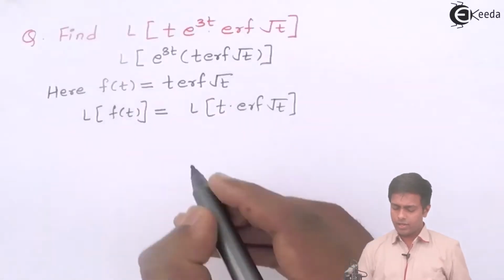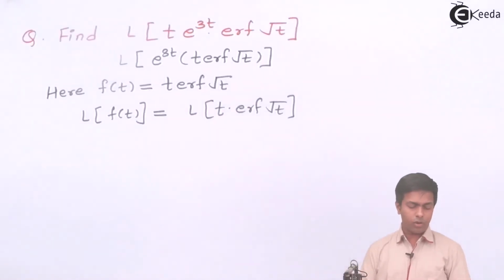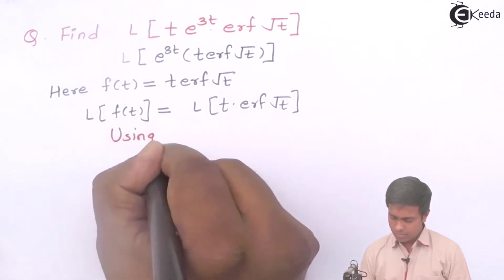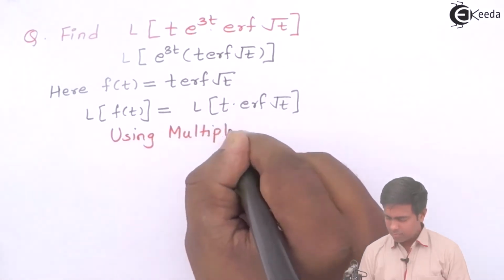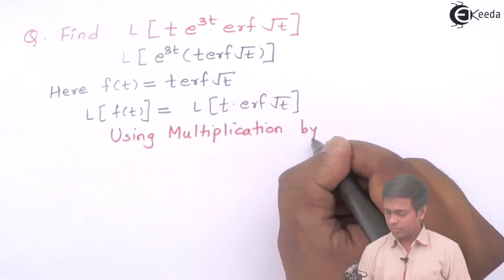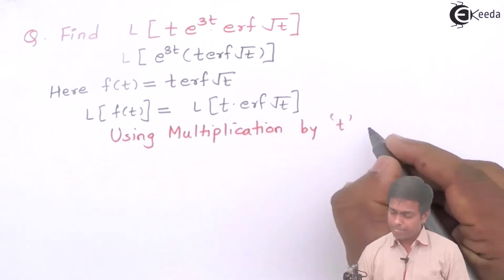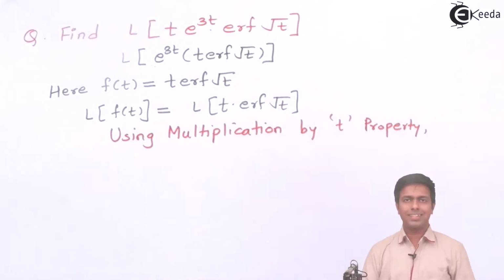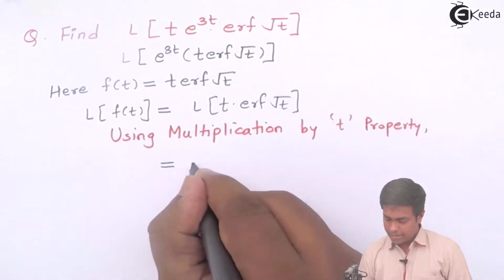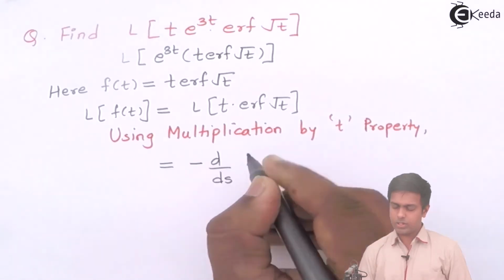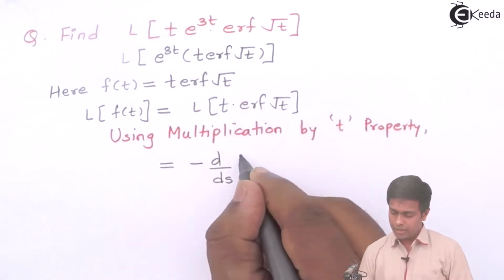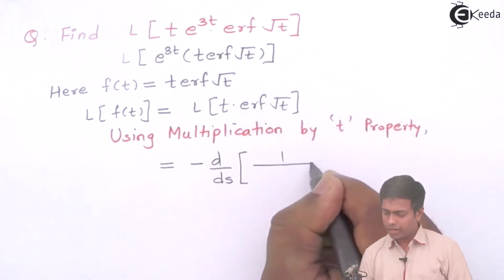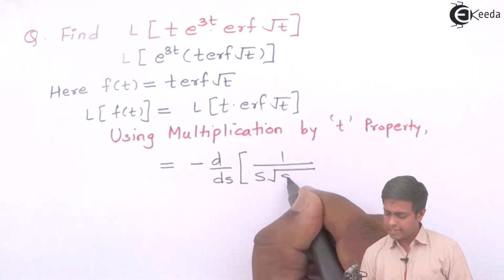So guys, using the multiplication by t property, this is minus d by ds, because the power of t is 1, into phi of s, and phi of s is the Laplace of this, which is 1 upon s square root of s plus 1.